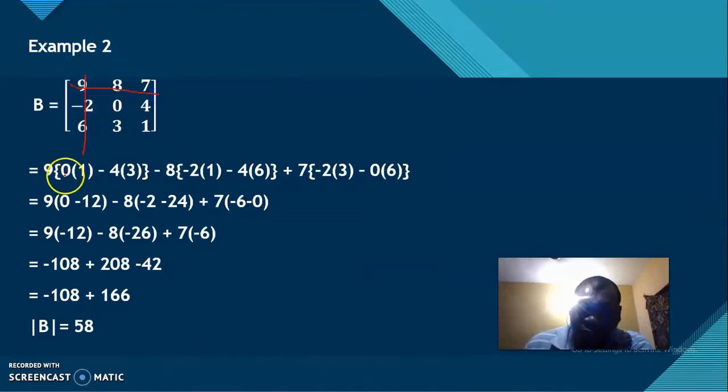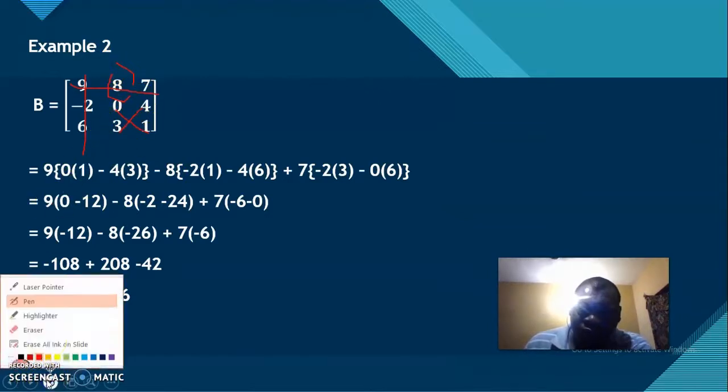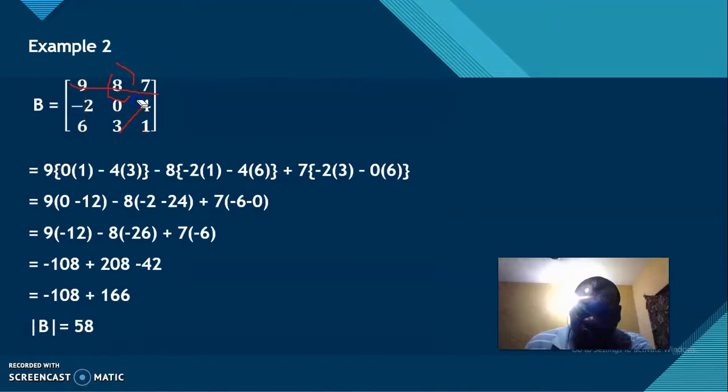So we have 9 open bracket 0 times 1 minus 4 times 3. Then for the second column, minus 8, we're going to have minus 2, 4, 6, and 1 remaining there.